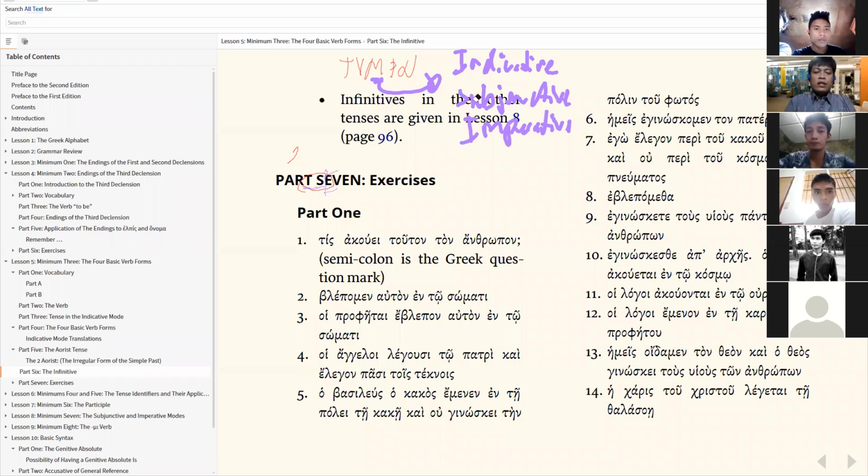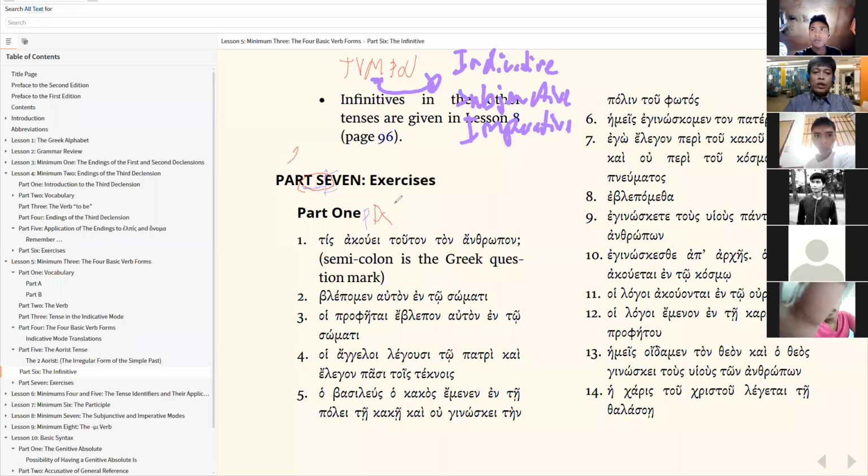All right, so the tense is present. What is the voice? Active. The mood is indicative. Present, active, indicative. Person is what?